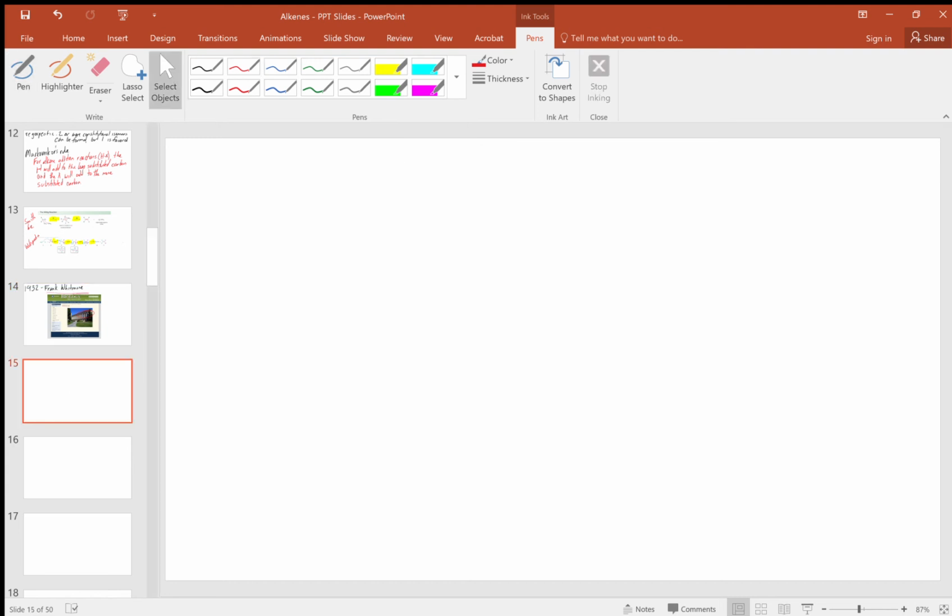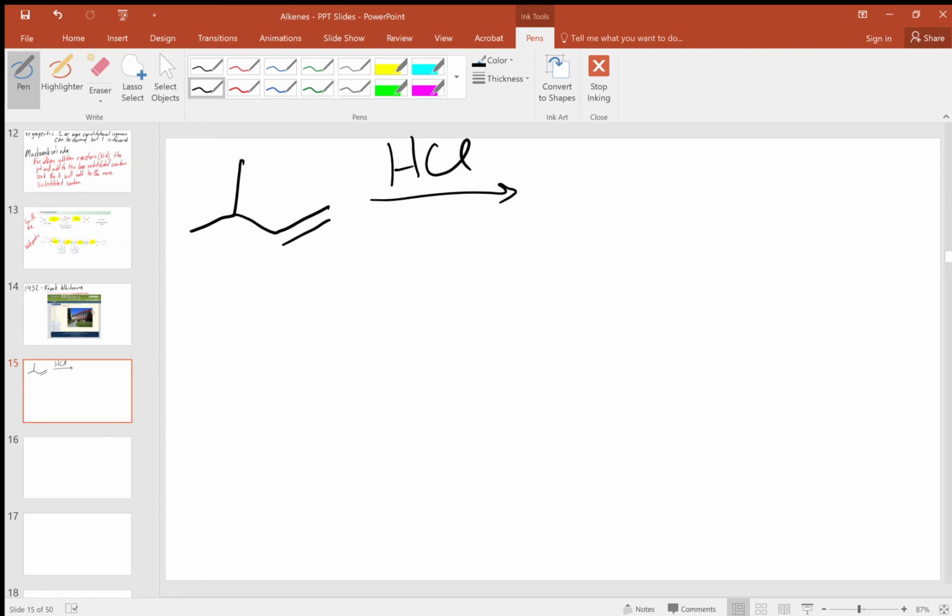So that was Whitmore. What did Whitmore do? Well, Whitmore did the following experiment. Took this alkene and added HCl to it. Now, if this reaction follows Markovnikov's rule, then we know that the chlorine will end up on the more substituted carbon. And so Whitmore did the experiment.